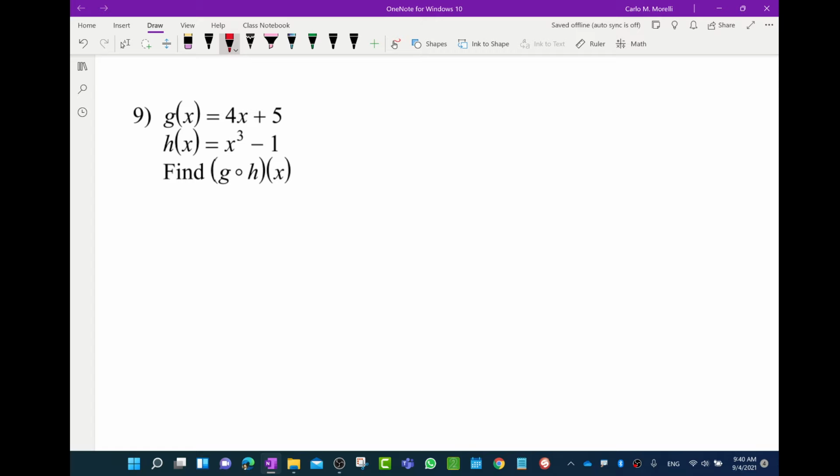And all that really means is what you've already been doing, which is to say g composition h of x is equal to g of h of x. See, you've already been doing that, right?